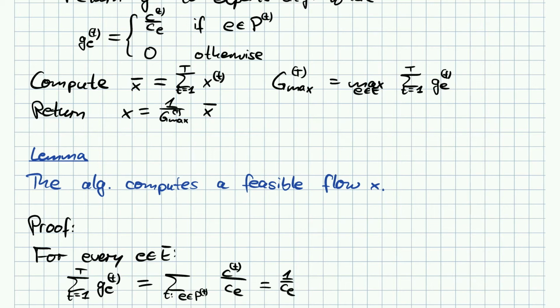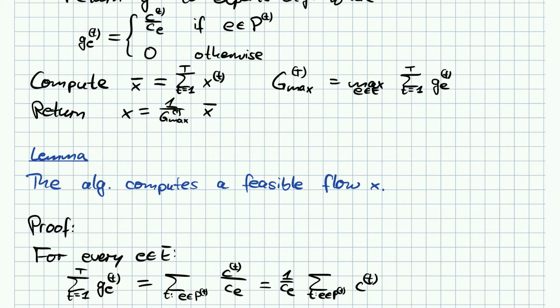This capacity of this particular edge is the same always. So we'll have nothing but the sum of all time steps in which this edge was chosen with the respective path, and then how much flow we wanted to send along the path in step t.